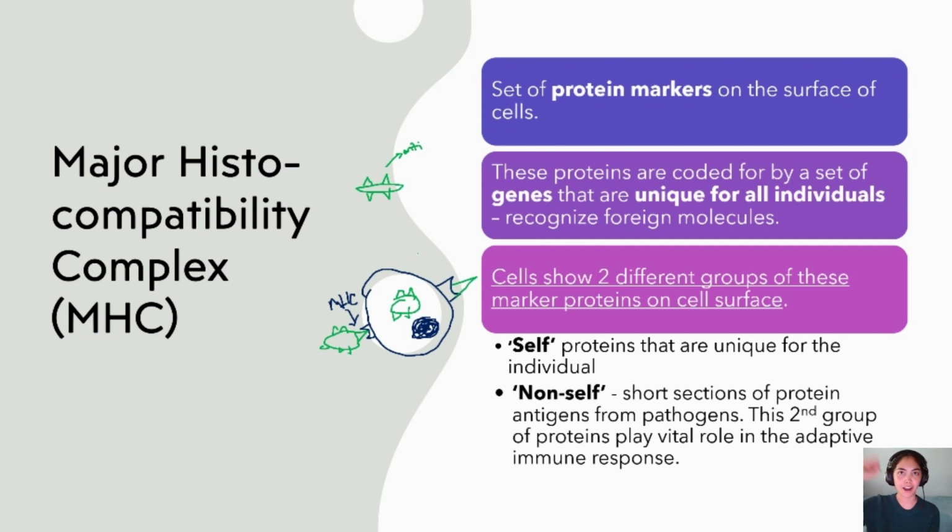So it actually highlights itself as being something that needs to be destroyed. Okay, so it's actually these antigens here that are either going to be considered self or non-self.